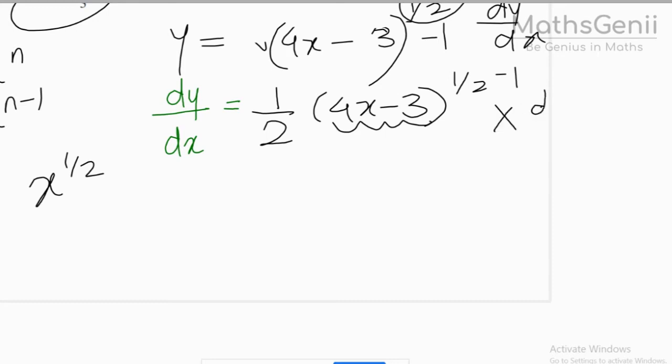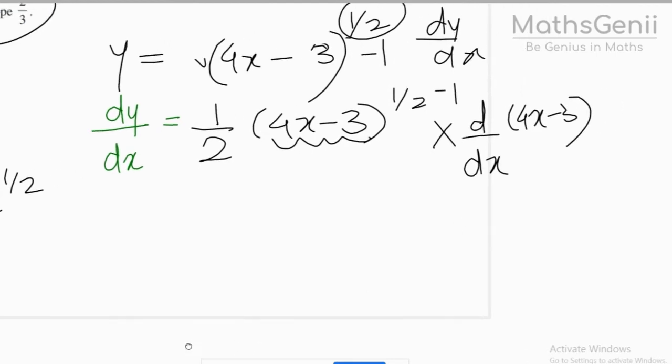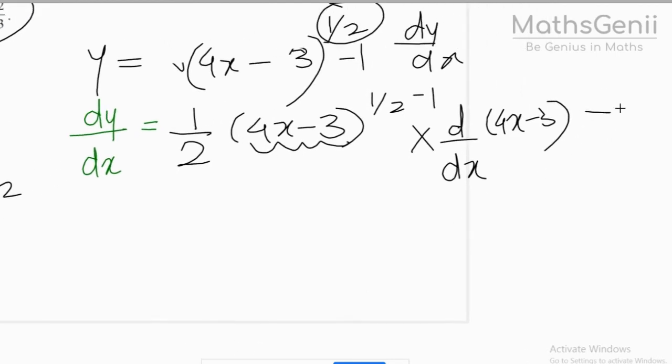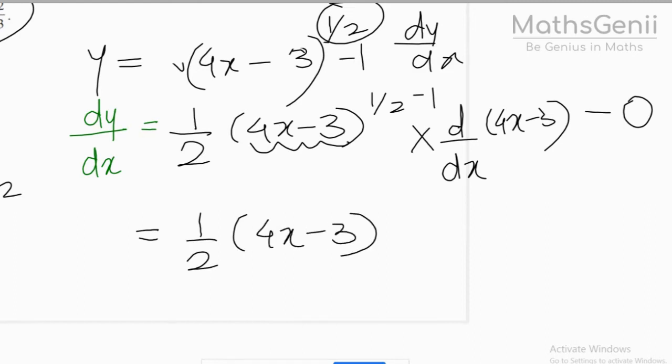So with chain rule, you have to write d by dx of 4x minus 3, minus the derivative of 1, which is 0. If you don't have x alone, then whatever you have, you will have to take the derivative and multiply. This is explained in detail in my derivative video, so you can always refer to that.